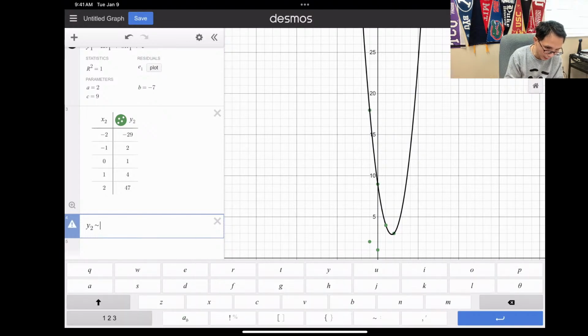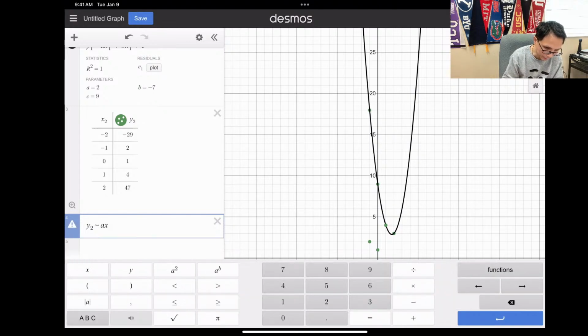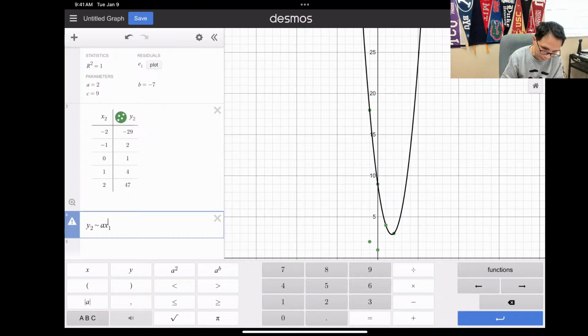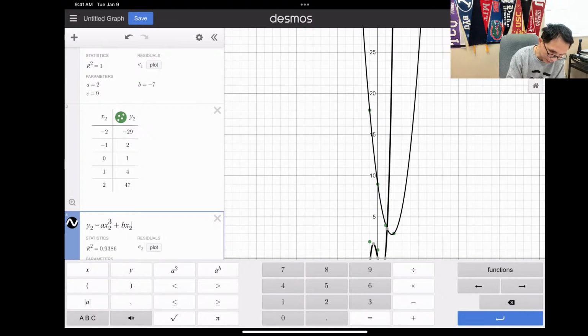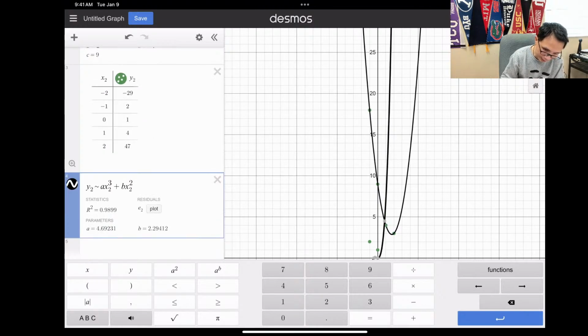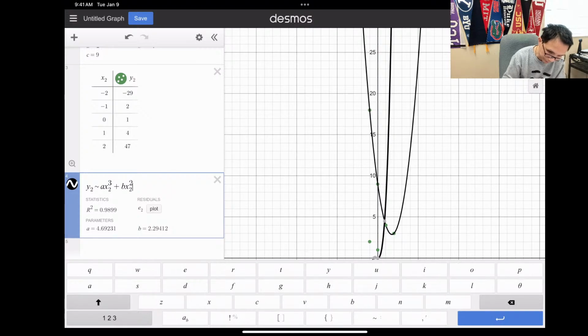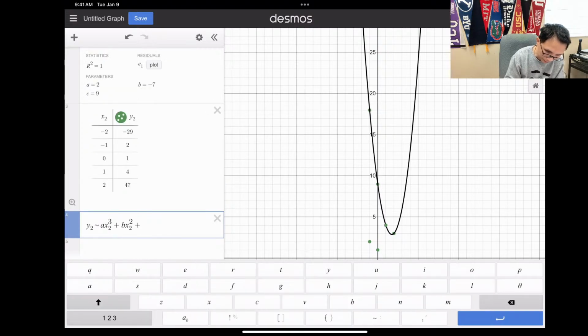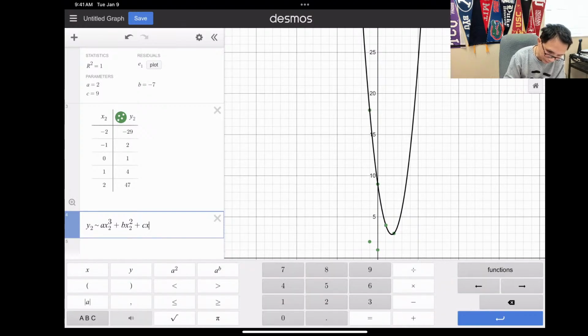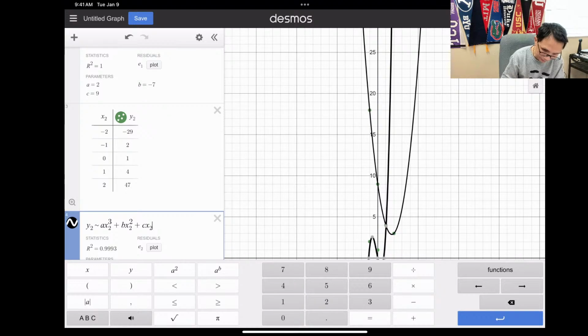So obviously we will have ax2 to the third power plus bx2 squared, oh sorry, not x1, I'm dumb, this will be x2 squared, plus cx plus d.